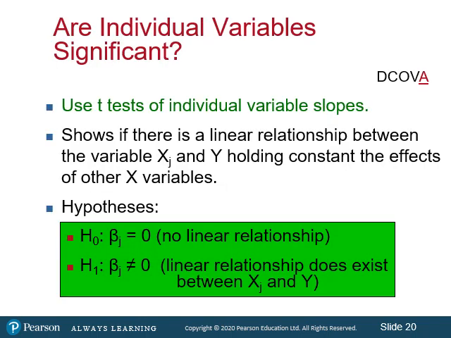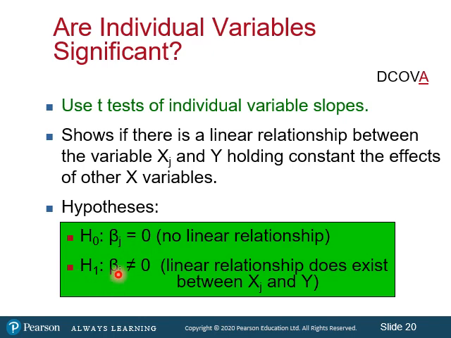The next thing we need to do after we check the assumptions is to test individual variables. In this model, we have two independent variables, price and advertisement. We want to use a test called the t-test to test this relationship. The hypothesis that you will write is H null: beta 1 equals 0.